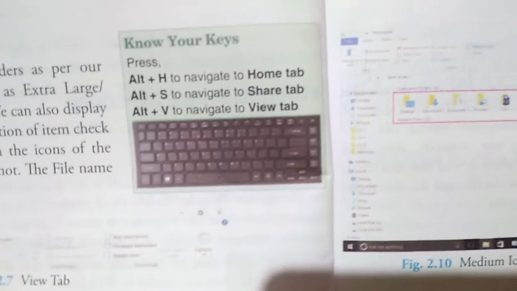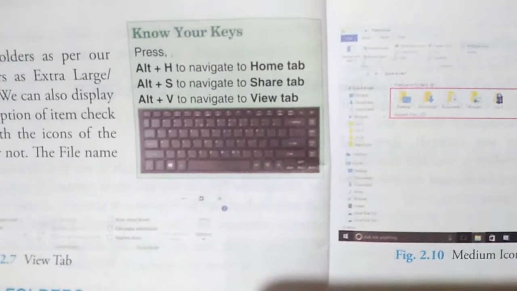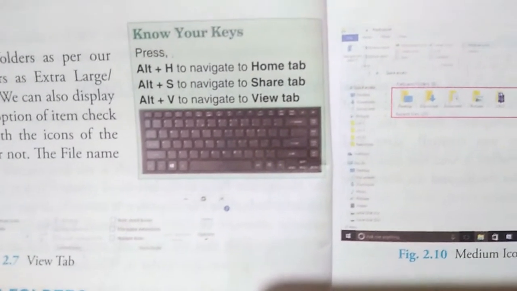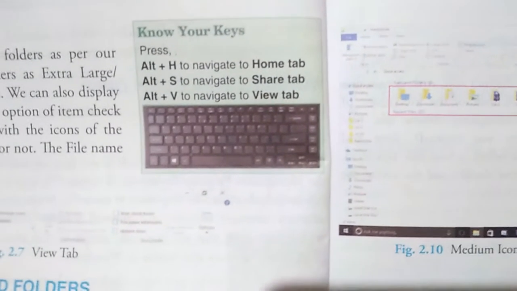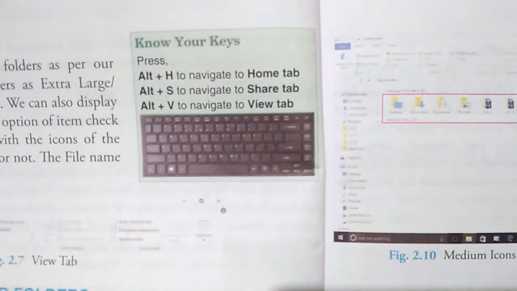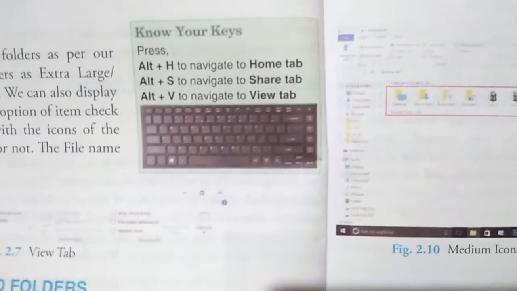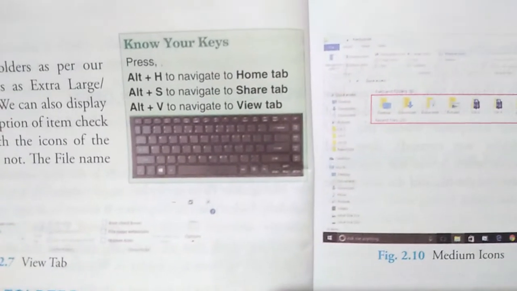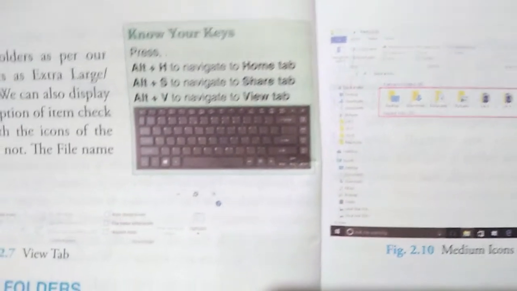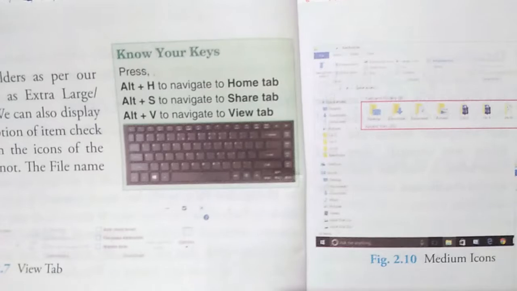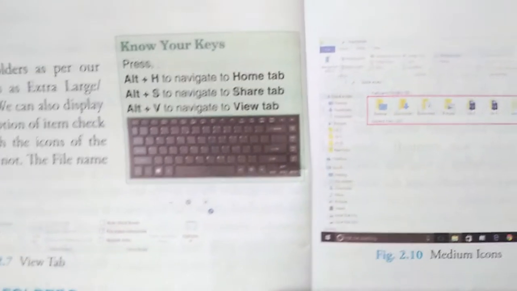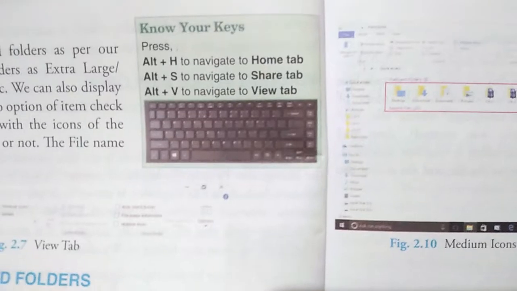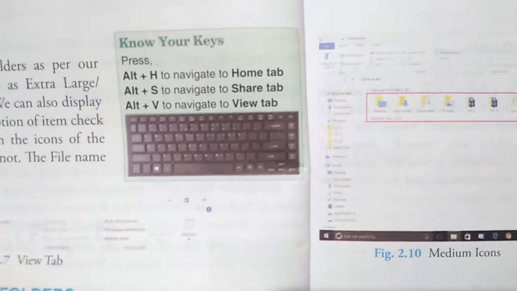Shortcut keys play a very important role in our computer use, because if we know the shortcut keys, we can do our work very fast. If we don't know them, we click on the icons and check where the save option is, where the home tab option is, where the share tab option is, where the paste option is, where the view tab option is. It takes a lot of time to find these details.